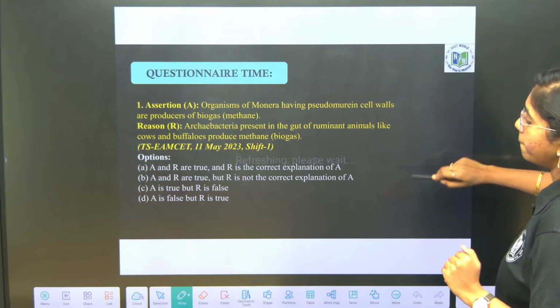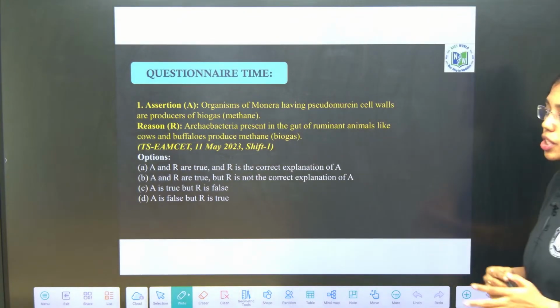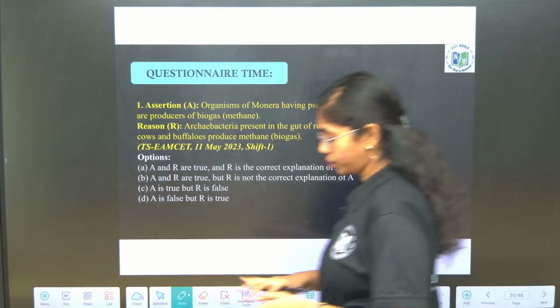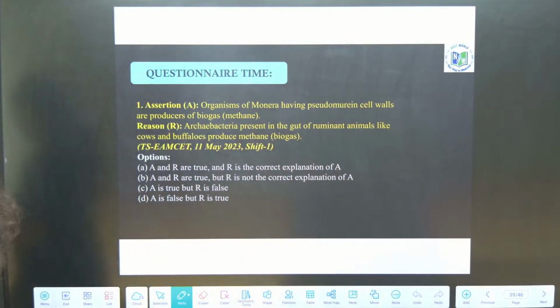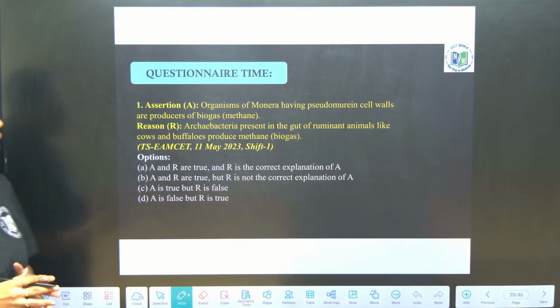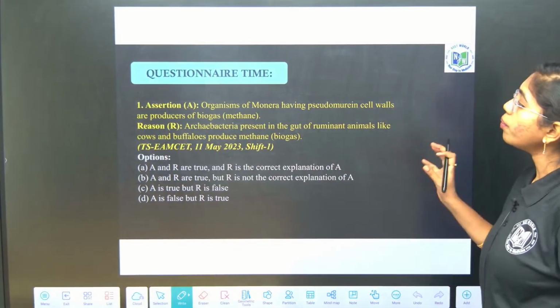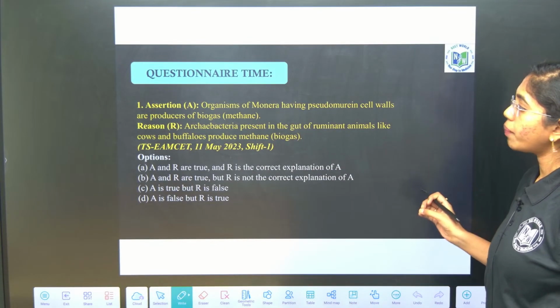Look into this question which was asked in NEET, EAPCET 2023. Assertion reason type of question. Assertion: organisms of Monera having pseudomurein cell walls are producers of biogas.